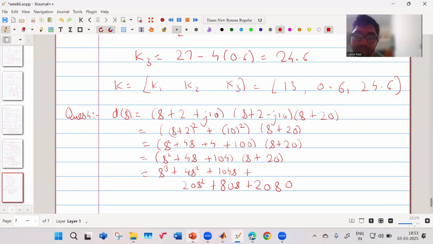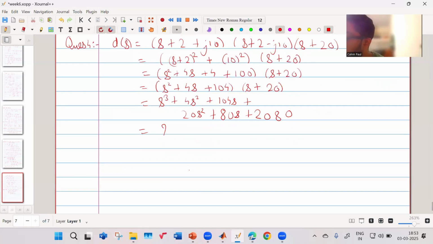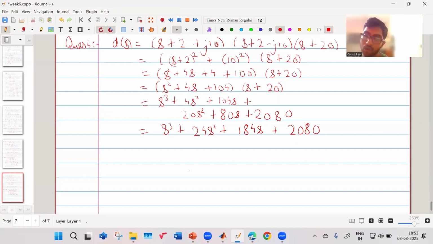So when we add it, we get s cube plus 24s square plus 184s plus 2080. Okay, so this is the desired closed loop characteristic polynomial which we want.